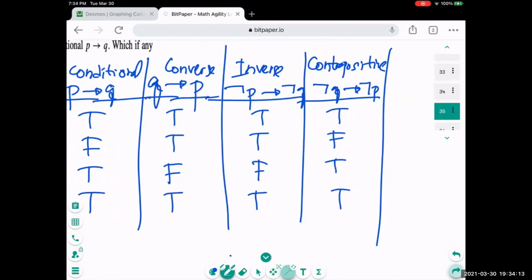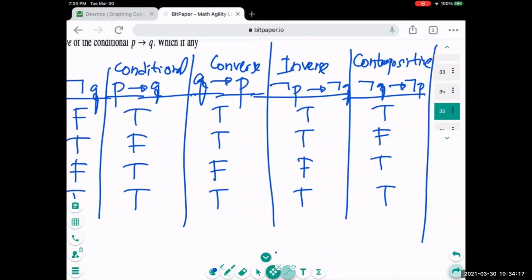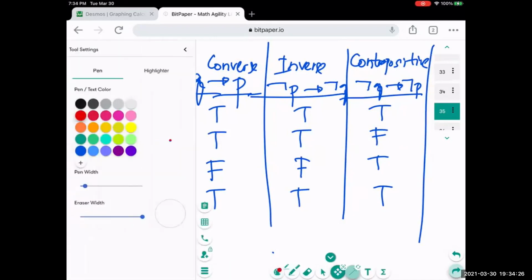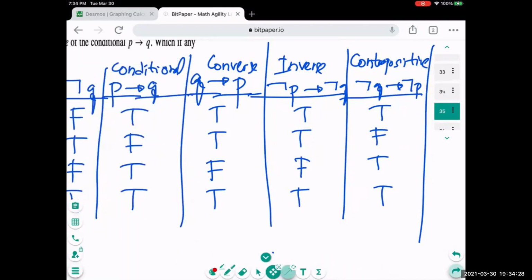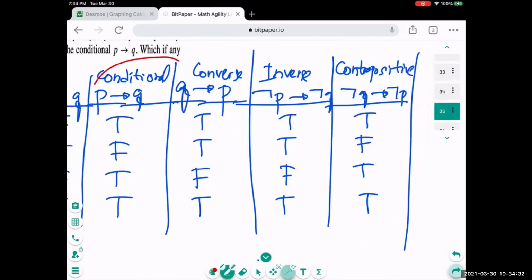So, let's compare. Sino yung kamukha nung conditional P to Q? So, TFTT is actually equal to the contrapositive, right? So, itong conditional natin ay equal dun sa contrapositive.